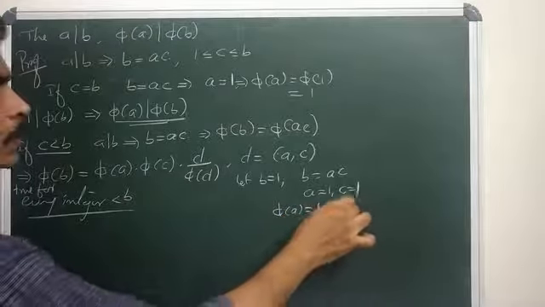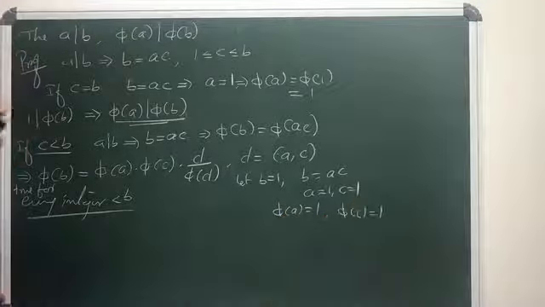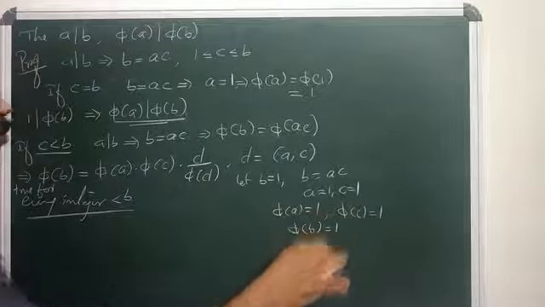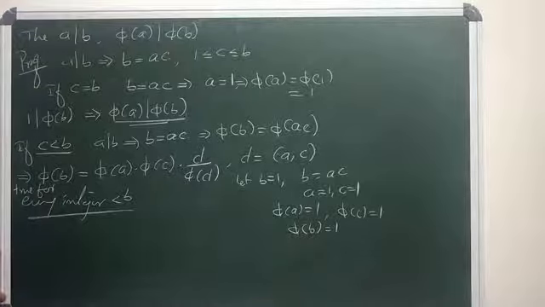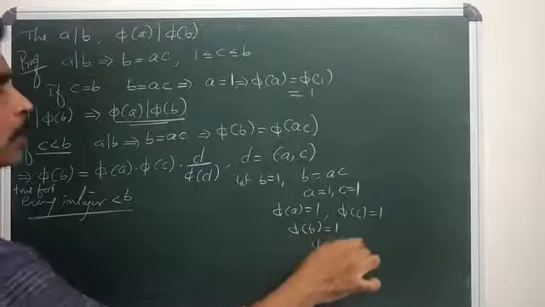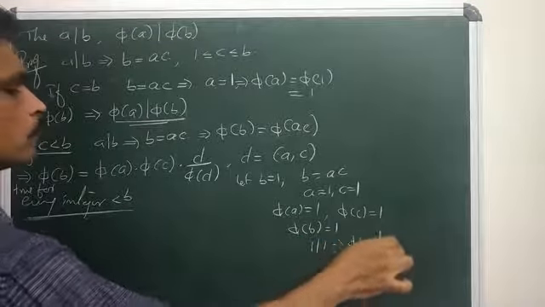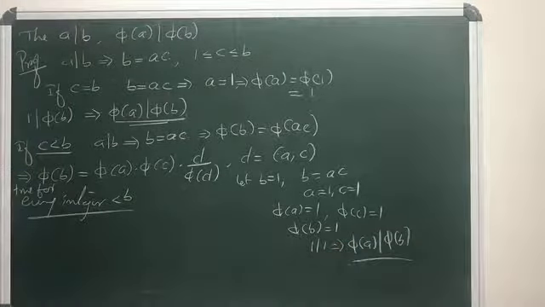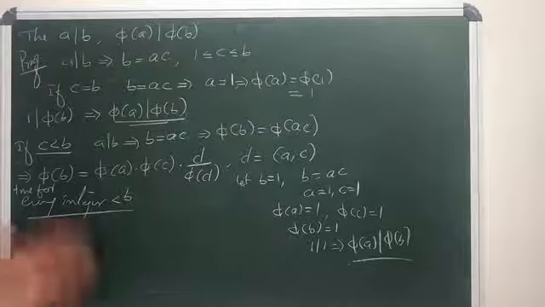And phi of C equals 1. Since B equals 1, phi of B is also 1. Then we have 1 divides 1. That means phi of A divides phi of B. So the result is true for B equals 1.